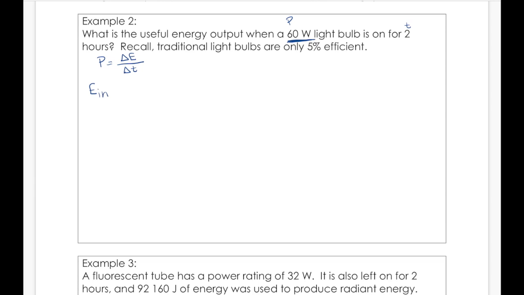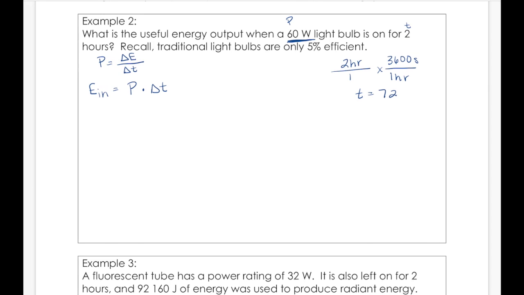So we would get that the energy in is equal to power times the time. For our time unit, they gave it to us in hours. We do need to convert that into seconds. So in 1 hour, there are 3,600 seconds.